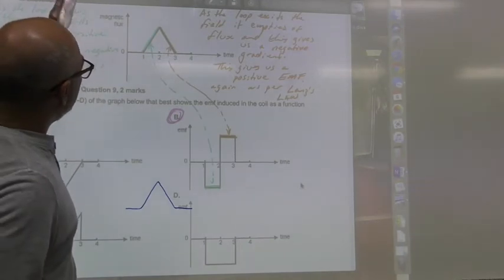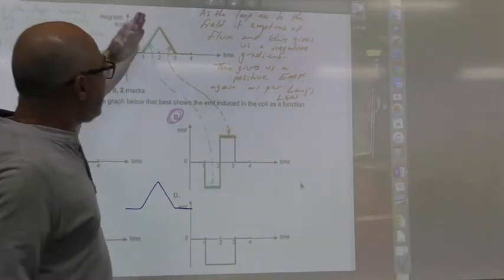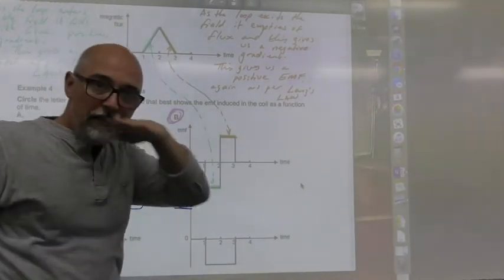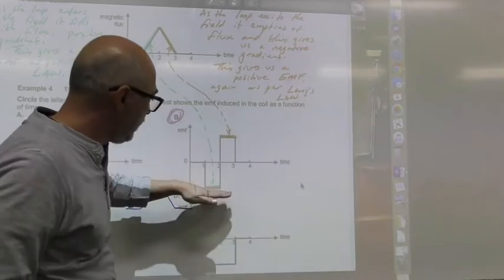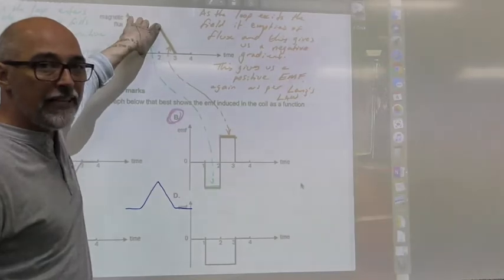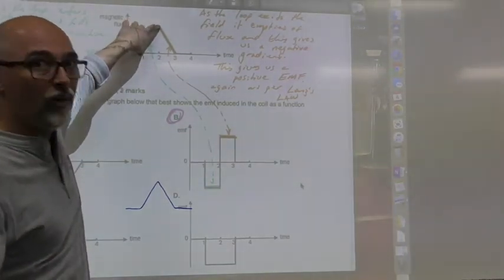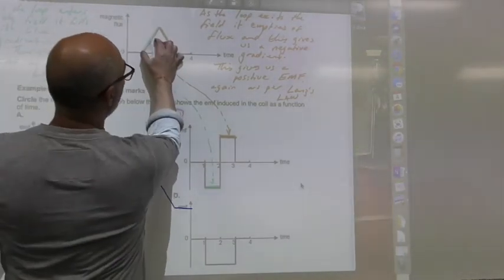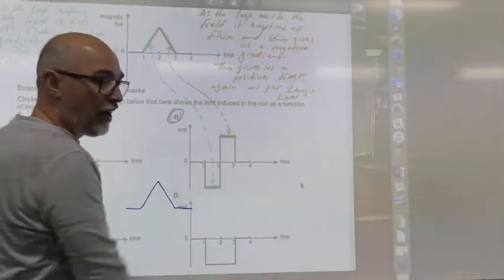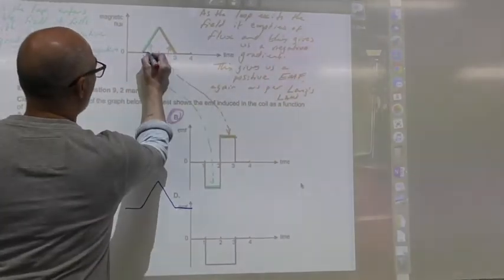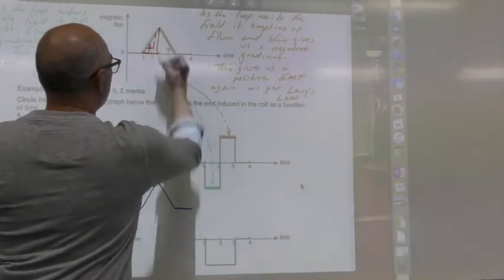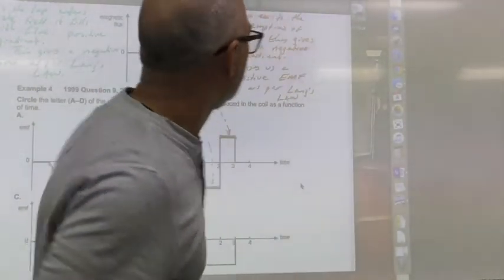The gradient of the flux graph is the y value, or the vertical value, magnitude of the EMF, which means if this is a constant gradient, and that's what a straight line is, a constant gradient, wherever you measure the gradient on a straight line, it's always the same. Doesn't matter where you draw your triangle, okay? So if you want to do your rise over run here, or here, or here, it's always going to be the same value, okay?